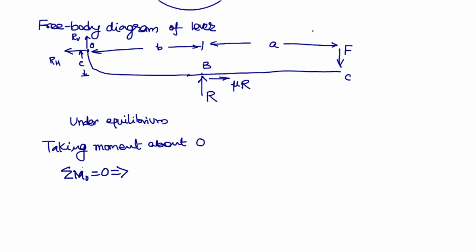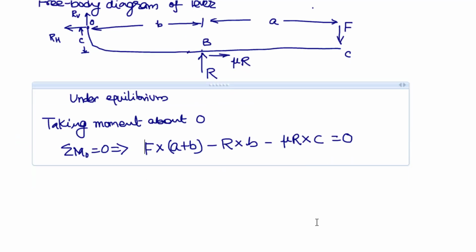Then clockwise moment about O is F into (A plus B). Anti-clockwise moment is R into B minus mu R into distance C. This is equal to 0.